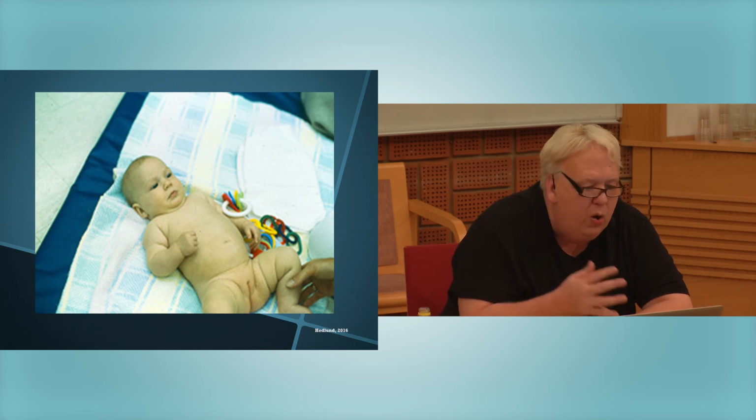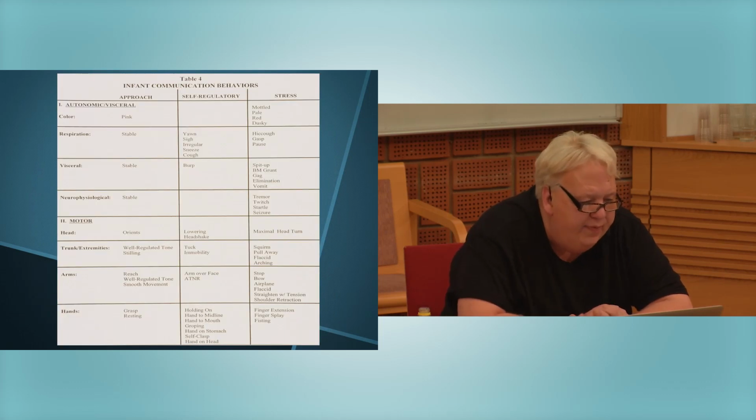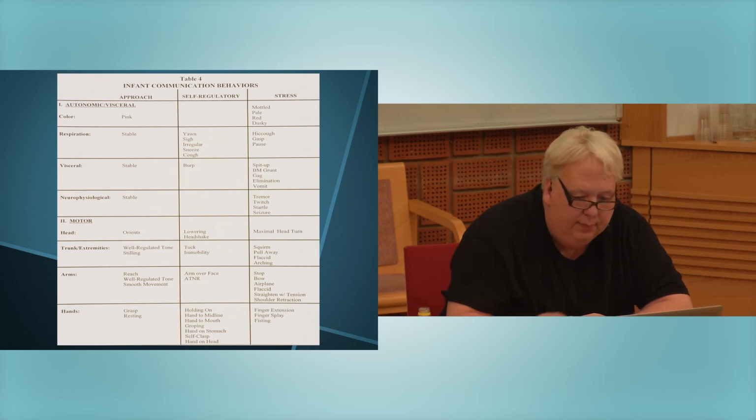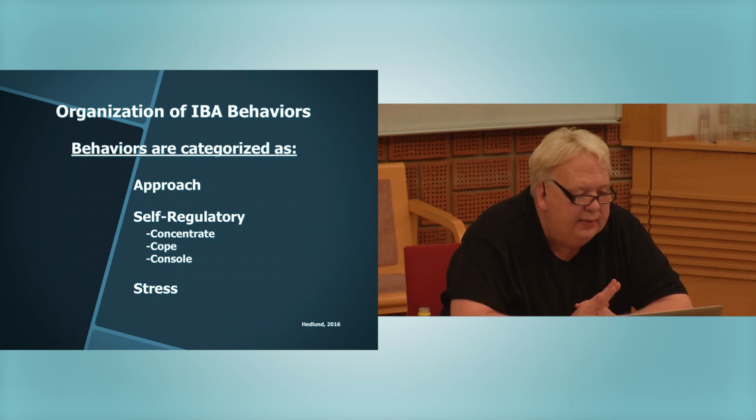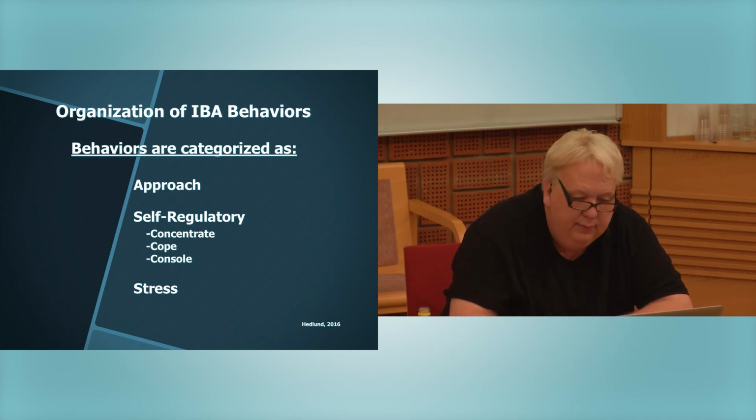Now, we a priori categorize the behaviors as approach, self-regulatory, or stress behaviors in each of the 4 subsystems. The behaviors are categorized as approach, self-regulatory (concentrate, cope, or console), and stress.